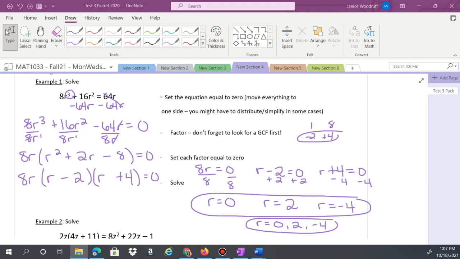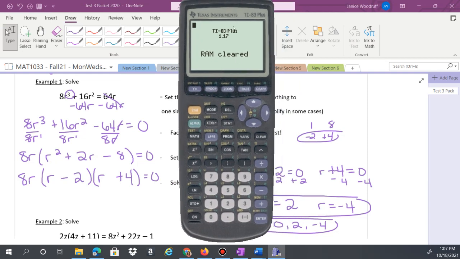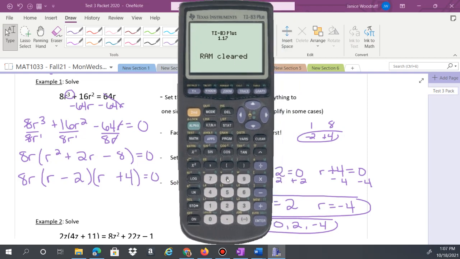So let me get my calculator here. Now, just looking at 0, since there's an r on each term, 0 will work. If I plug a positive 2 in here, I have 8 times 2 cubed plus 16 times 2 squared minus 64 times 2, or I can do the original one.